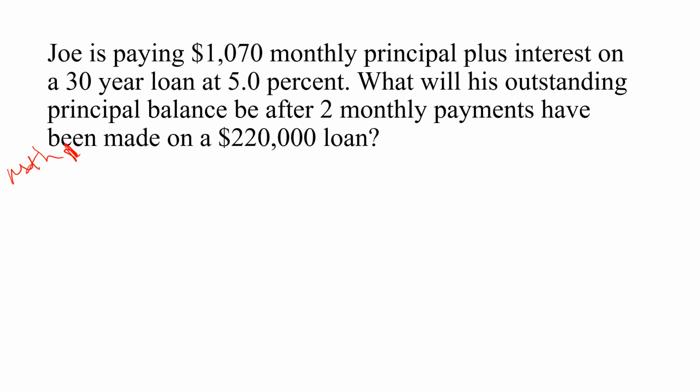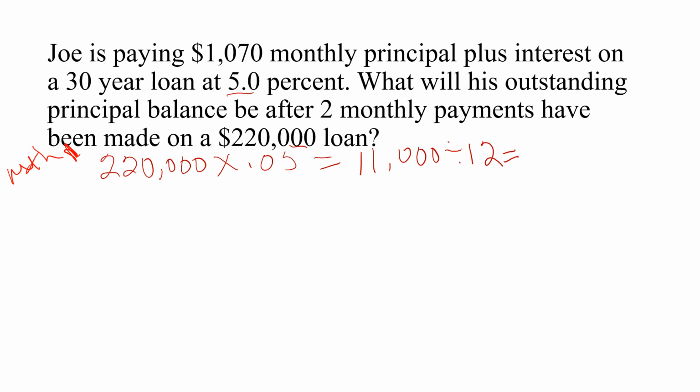Okay, month 1, we have a balance of $220,000 at 5%, divided by 12 equals 916.67 interest.